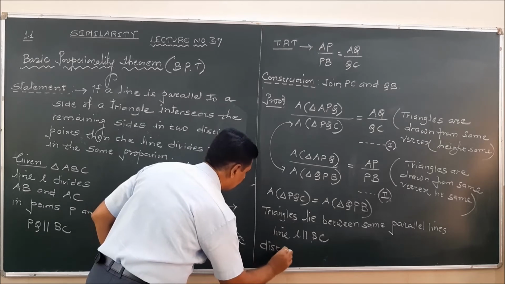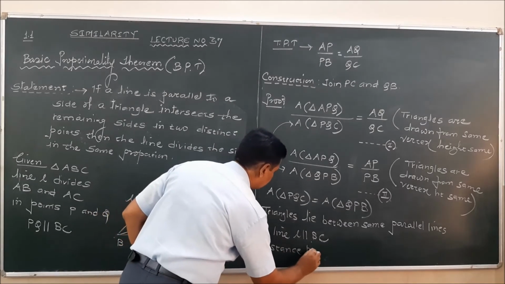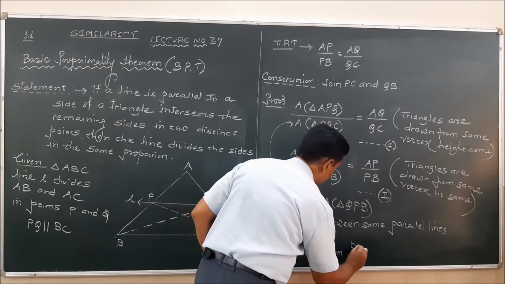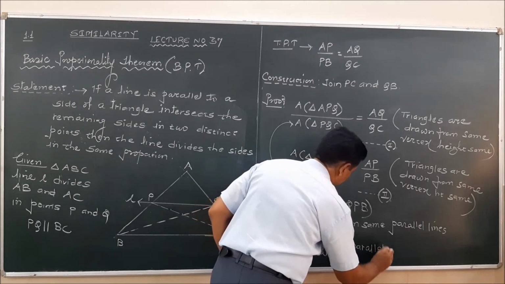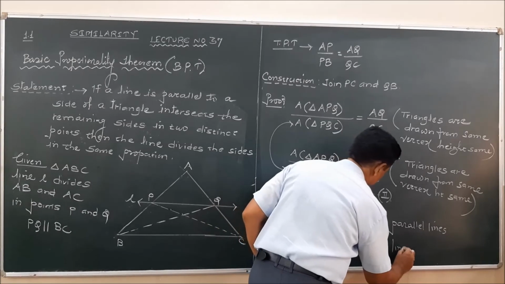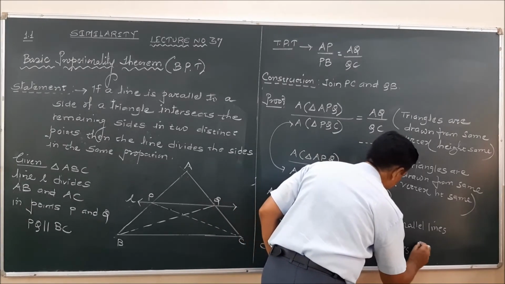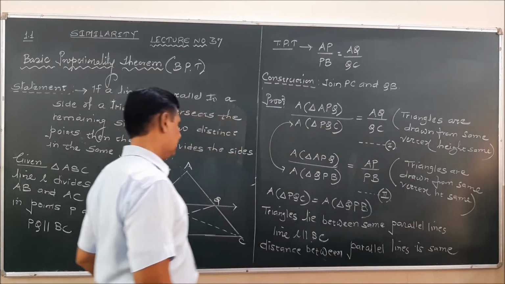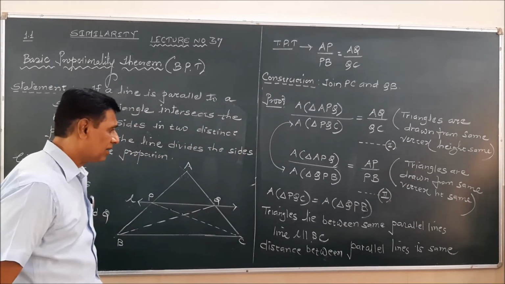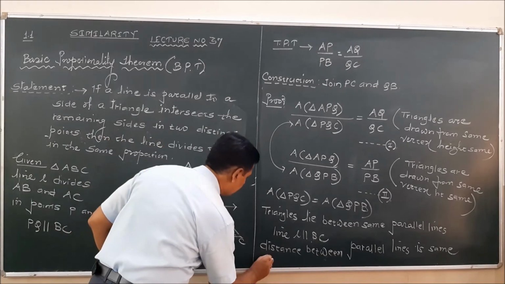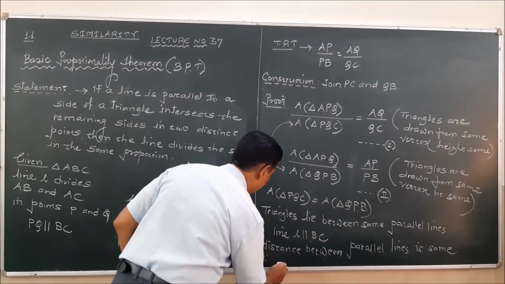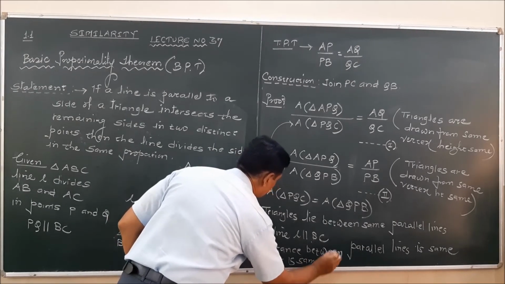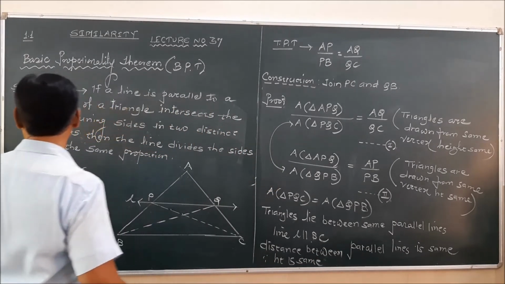Distance between parallel lines is same. Distance between parallel lines is same. Therefore, height is same. Height is same. Okay. Common base triangle.